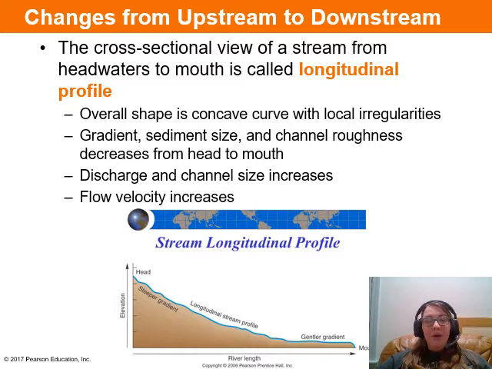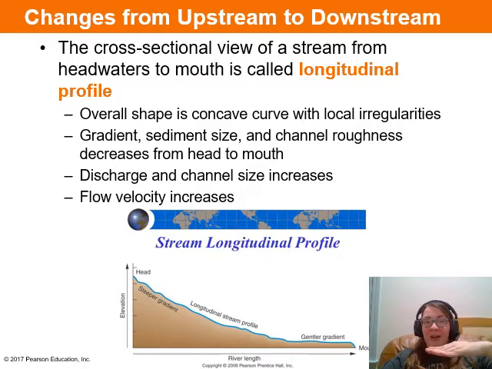But we're also going to see that we have large sediment sizes inside of these headwaters. If you've ever seen a mountain stream, they're just full of these giant rocks, sometimes as big as boulders. So here, because we have these large sediments, these large rocks, we're also going to have high channel roughness in our headwaters. When we get out to our mouth, now we have a very gentle gradient.